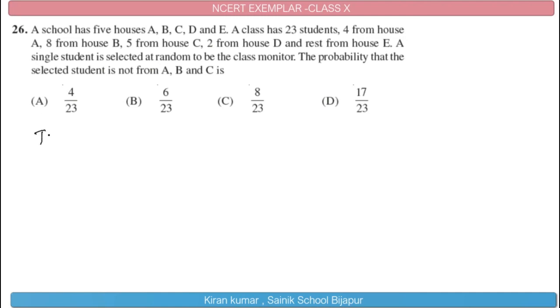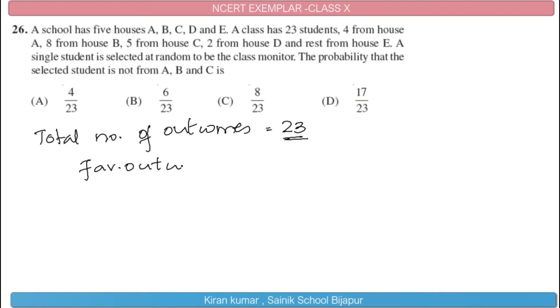Here the total number of outcomes will be the total number of students, that's 23. Let me write the number of favorable outcomes.